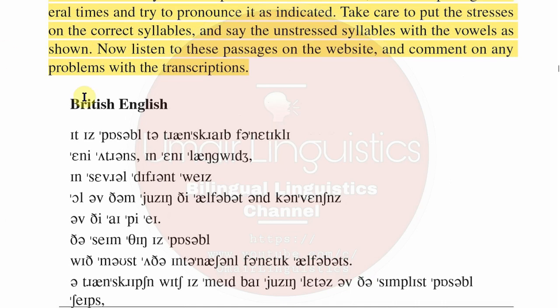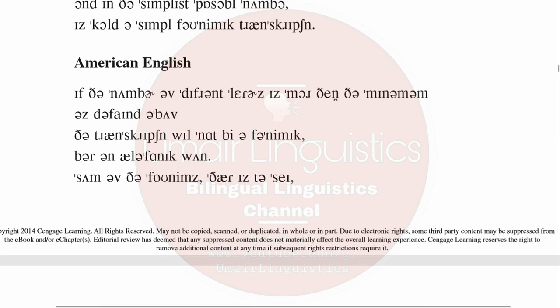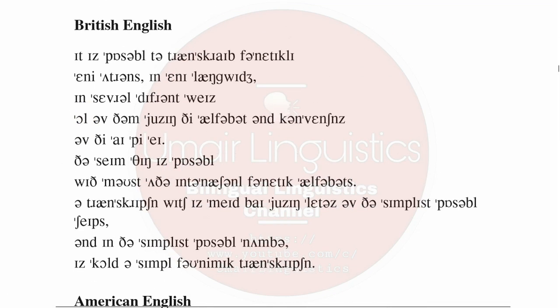first of all, just by looking at the transcription, using the previous knowledge which we have acquired from this chapter, we shall try to read it. Then after this, at the website there are some audio clips of all these transcriptions, and we have to listen to each line and notice whether there are differences between how it is transcribed and how it is spoken.